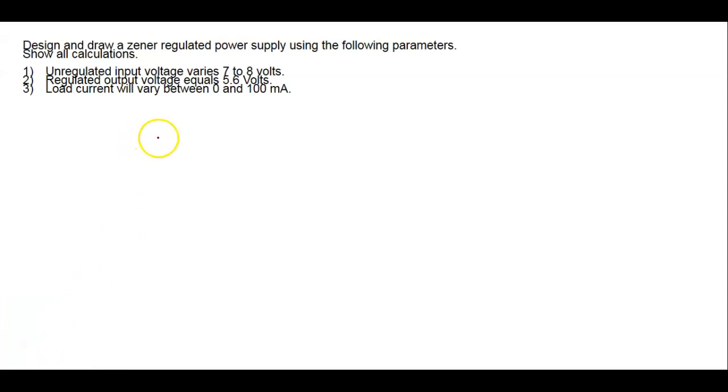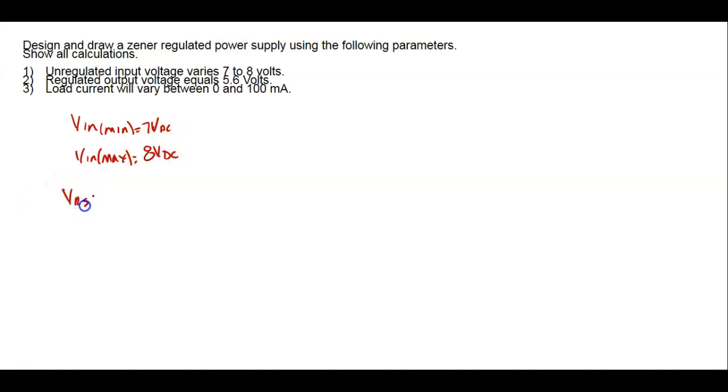Okay, so Vin minimum is going to be equal to 7 volts DC, and Vin max is going to equal 8 volts DC.